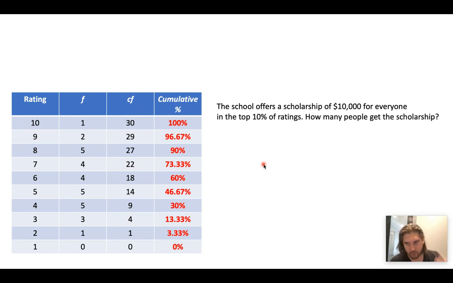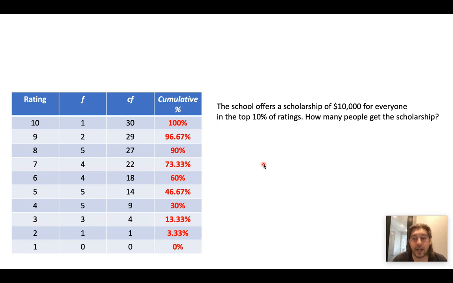So who cares, right? Why do we care about cumulative percentage? I think as we explained in part 1, this is really important for decision making. I think the most salient, the most applicable place for this is something like college admissions. Or let's say in this case, the high school is going to offer scholarships for everyone in the top 10%.